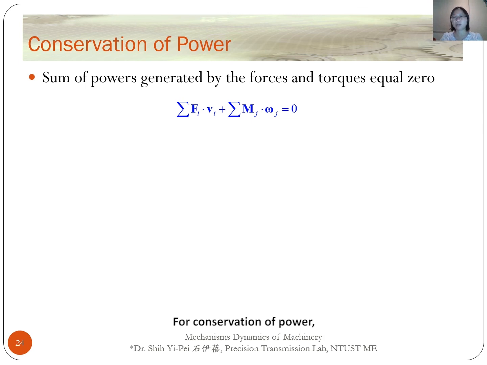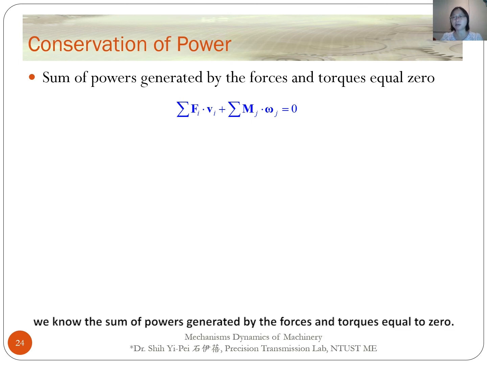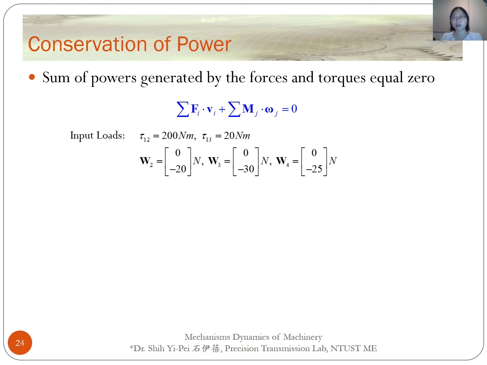For conservation of power, we know the sum of powers generated by the forces and the torques equals 0. We have tau 12 equals 200 Newton meter and tau 13 equals 20 Newton meter. All the weights are given and they point downward, so they have negative y components.